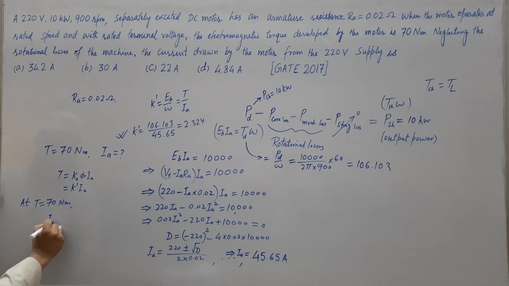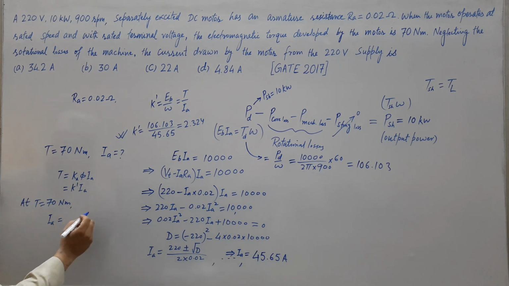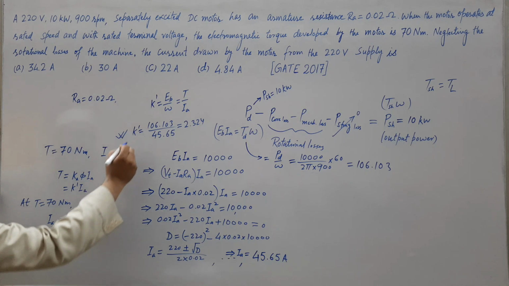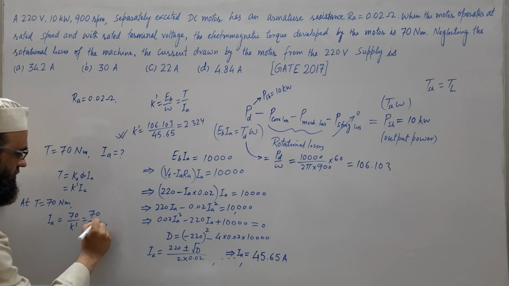Ia may be obtained as T by K dash, that is 70 by K dash, which is 2.324.